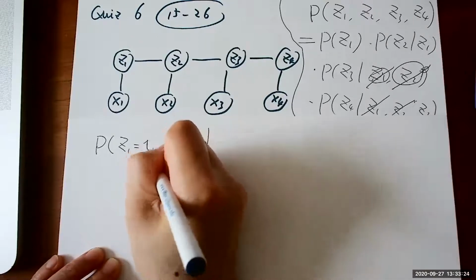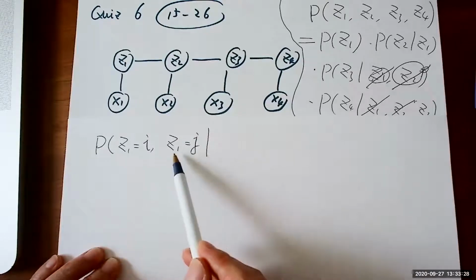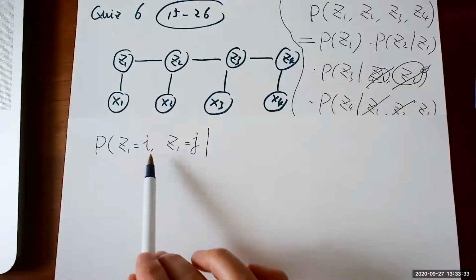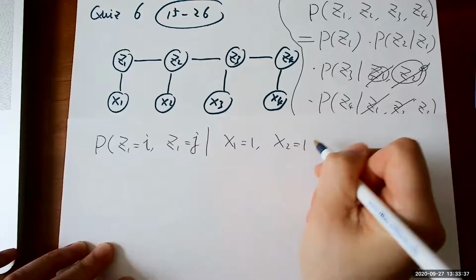Z1 equal to 1. Let me use I and J, okay? And I and J can each take 1 or 2, so there are 4 possible choices for this pair, because each one can take value 1 or 2. Given X1 equal to 1, X2 equal to 1, okay?